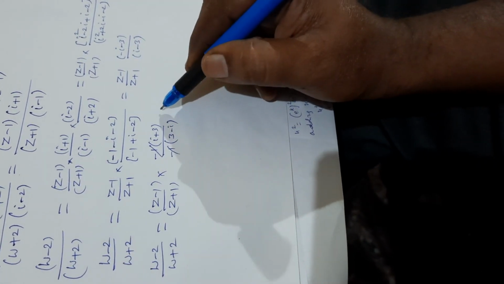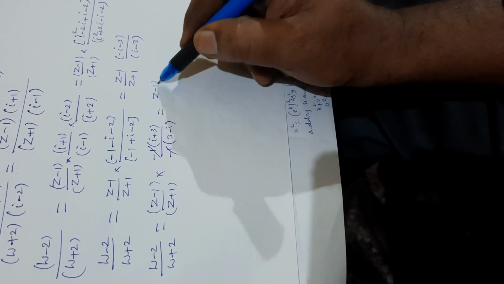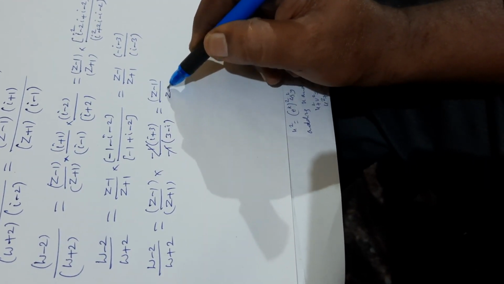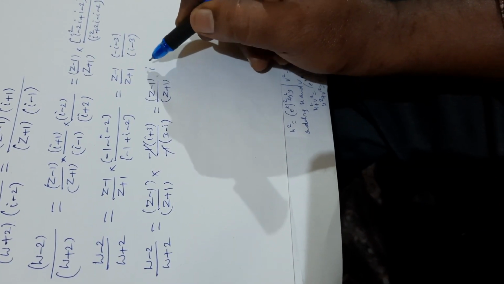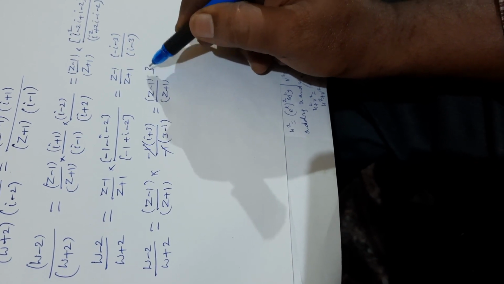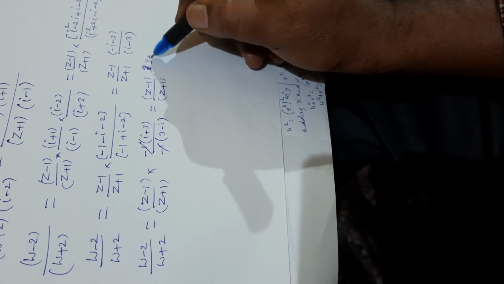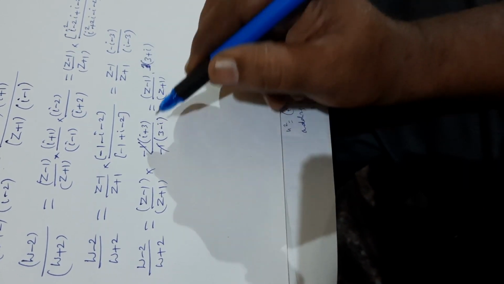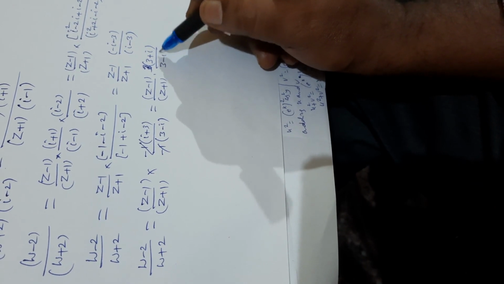Further, this is (z minus 1)/(z plus 1) into (3 plus i), because both are positive, divided by (3 minus i).